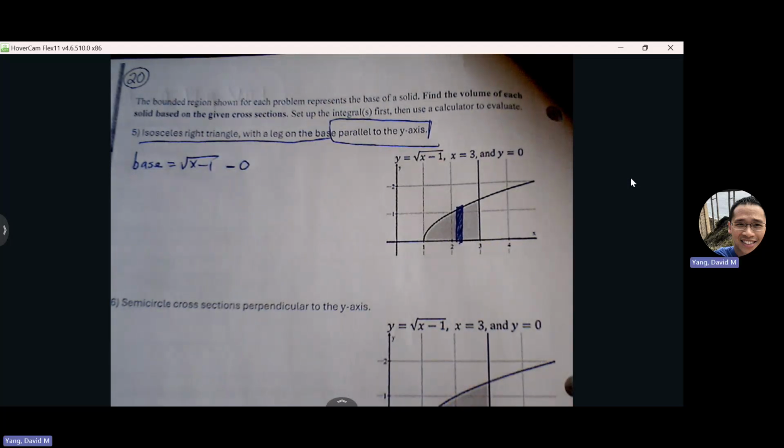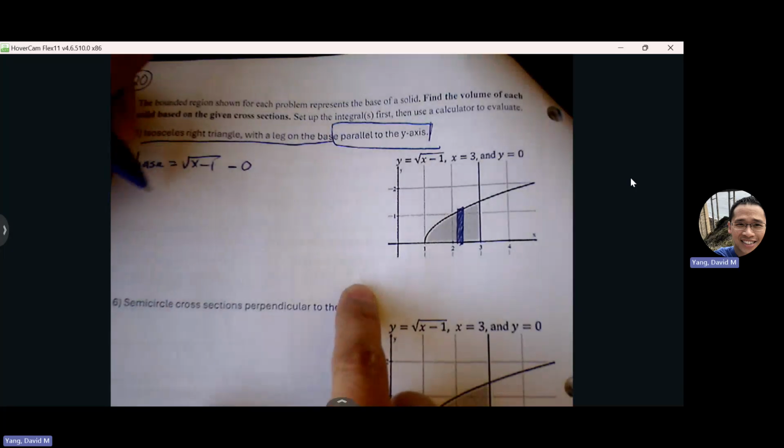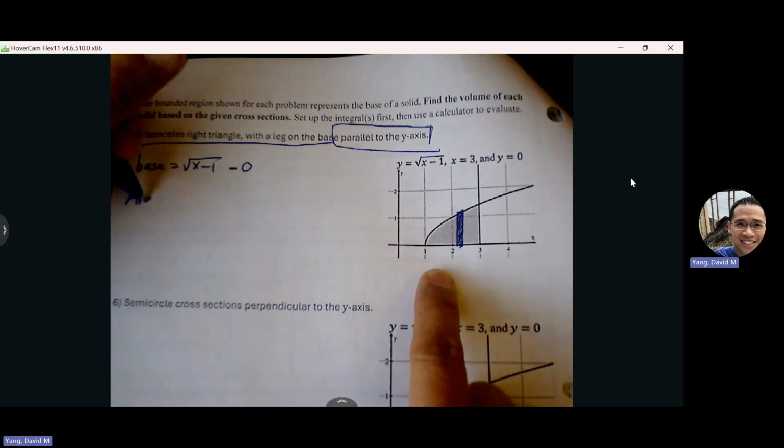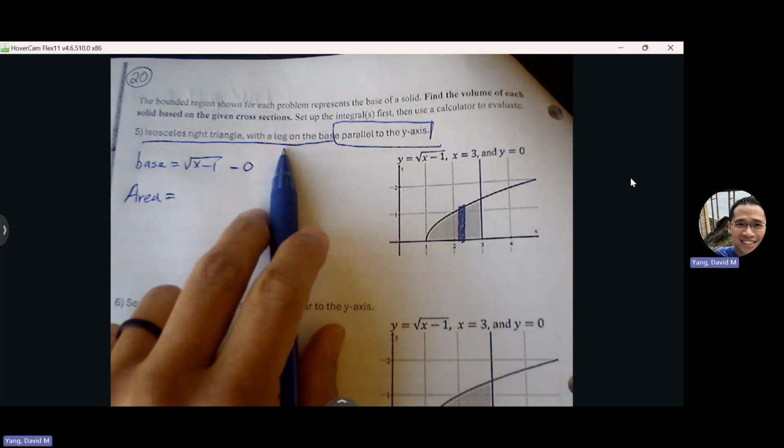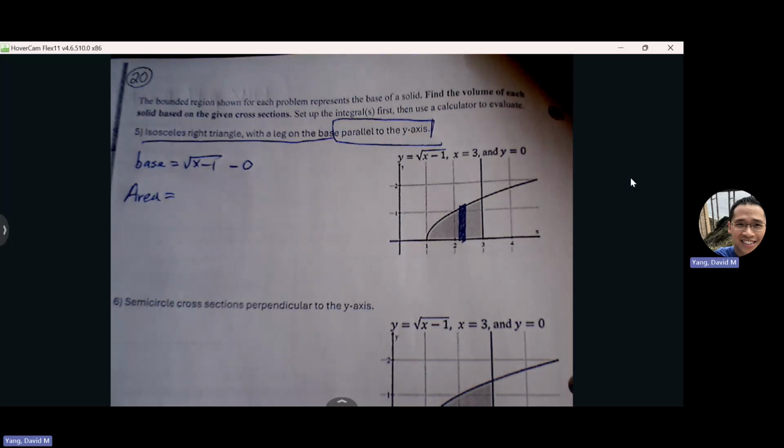With cross sections, you're building one dimension at a time. Your one-dimensional length is root x minus 1. Next, you move to the second dimension, which is area, and there's an area formula for an isosceles right triangle with leg on the base. It feels intimidating having to memorize all the formulas for volume by cross section, but they all involve base squared, except for the rectangle, which is base times height.